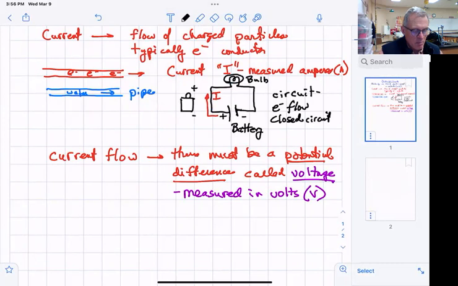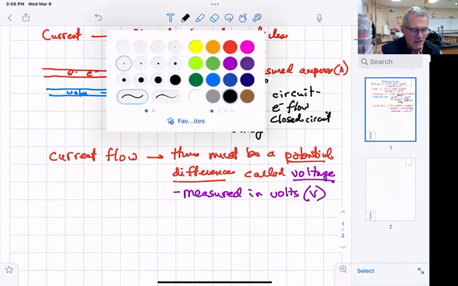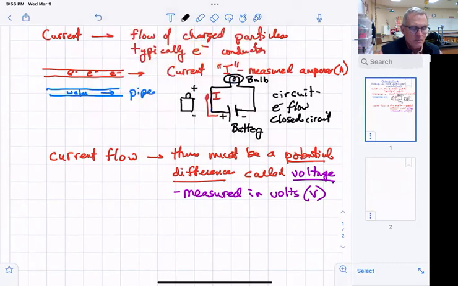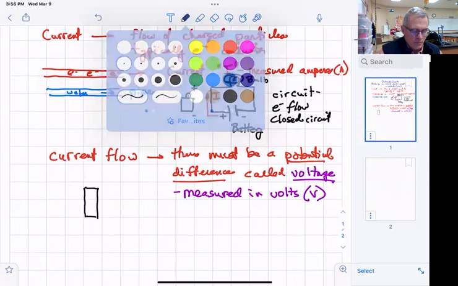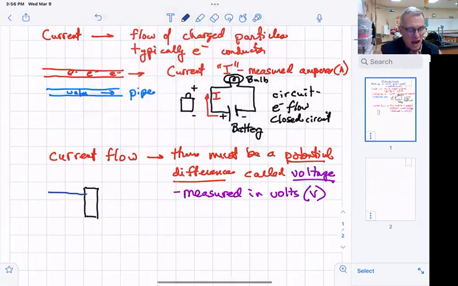So what is potential difference? Well, one way to think about it is you have a dam. Behind the dam, you've got a lake, and that lake is high. In front of the dam, you have a river. Because of the height of the lake and the dam above the river, there is a potential difference created by that height.